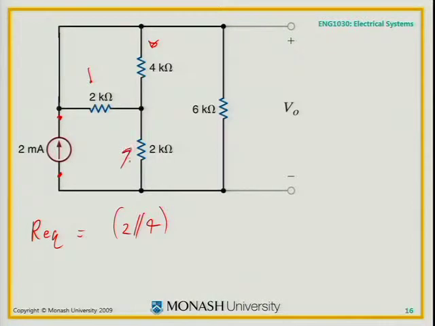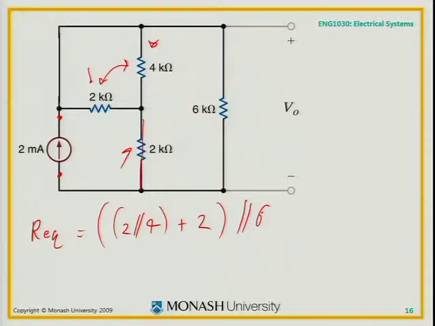This 2. So you've got this coming through here. This one and this one I combine, put those in parallel. So I can add 2, and then what? That whole thing is in parallel with 6. So that's the equivalent resistance seen by the terminals, the 2 milliamp current source.